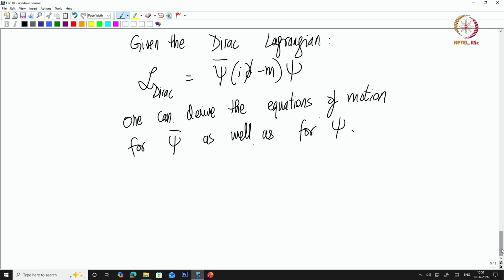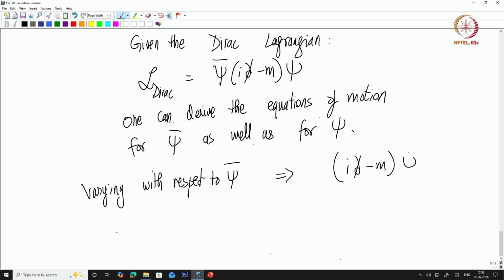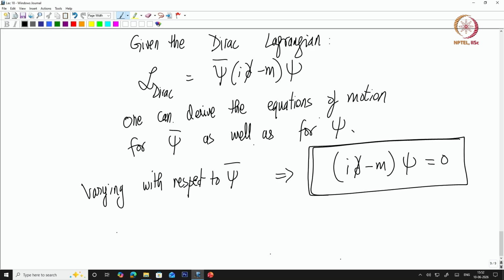Suppose you vary with respect to psi bar, it leads to (i del slash minus m) psi equal to 0. This is the first equation of motion which you can get.